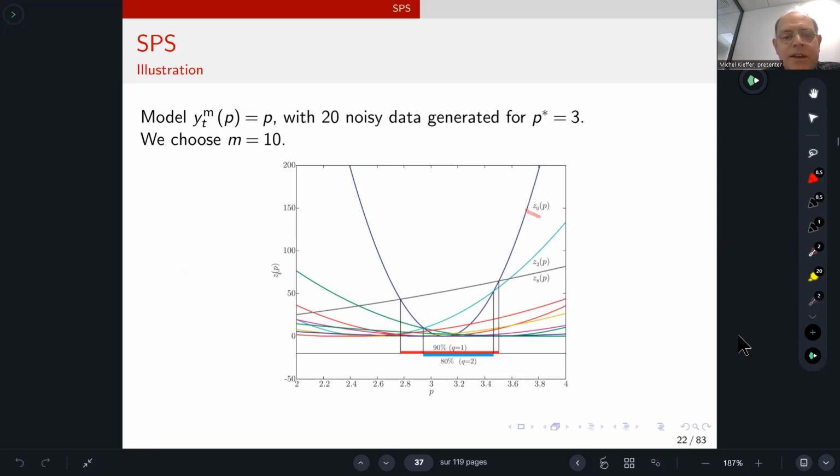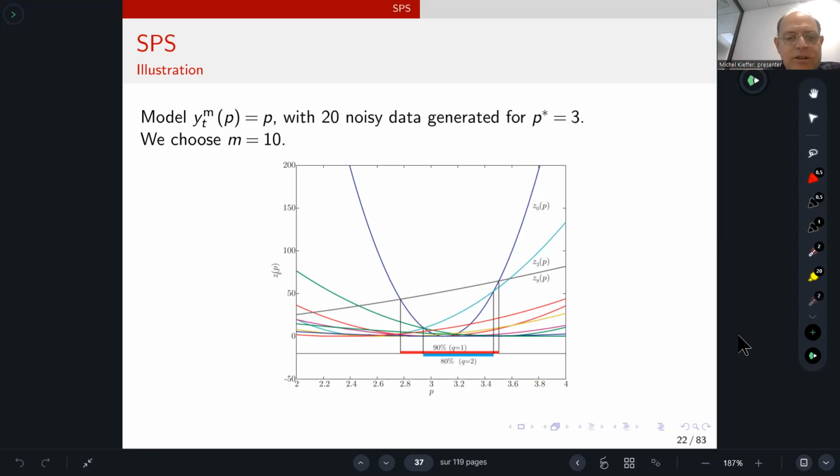What we see is that for values relatively far from the true value, which is 3, we have Z0 above all the other values. So we can say that clearly p is not in that area and does not belong to the confidence region.